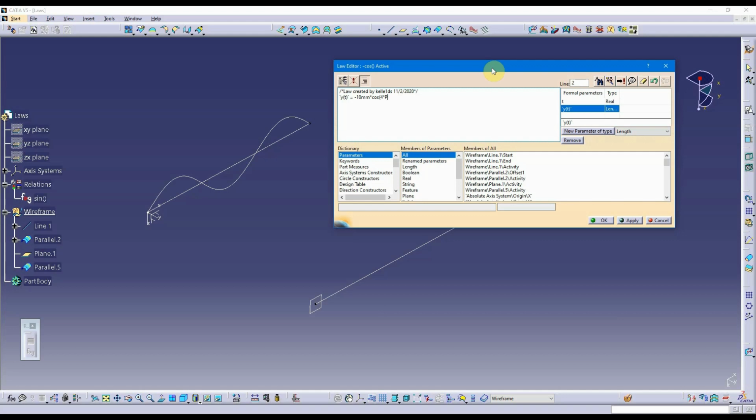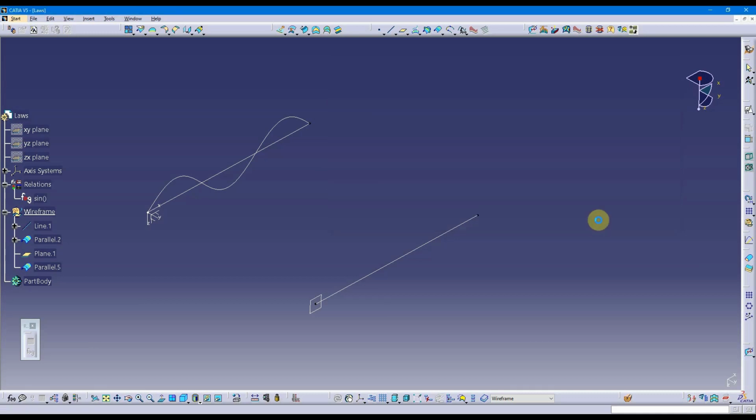It just depends on how you want to do it. If you feel comfortable, you can go 2 times 2 times pi, and you know that 2 pi is 1 revolution, so that's 2 revolutions. But I just go ahead and go 4 times pi. And as before, I've got to tell it it's radians. Then I've got to put in my t parameter. Just do an apply. No warning messages, which is always good.